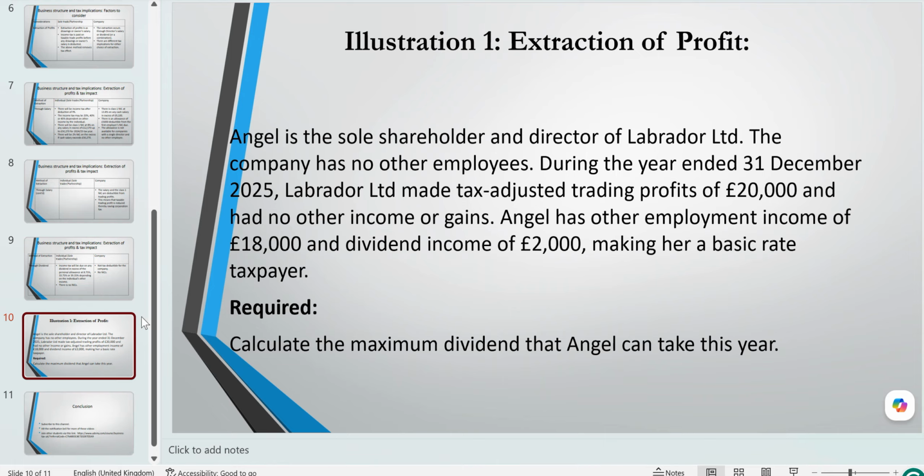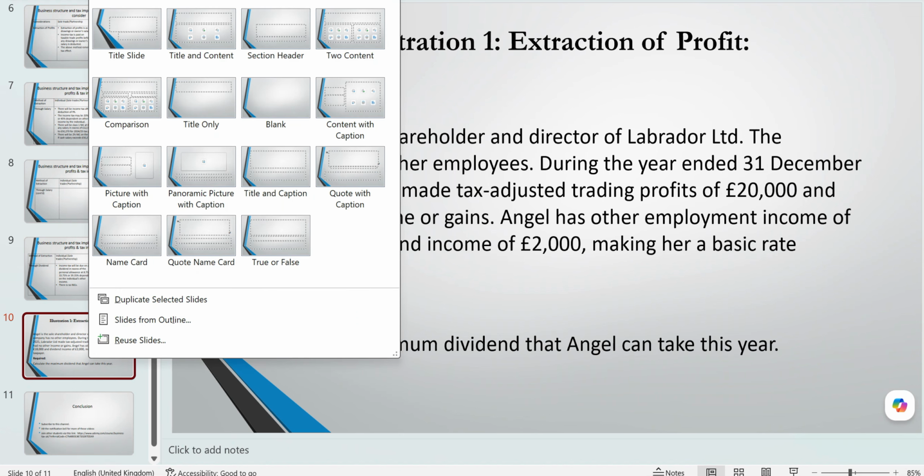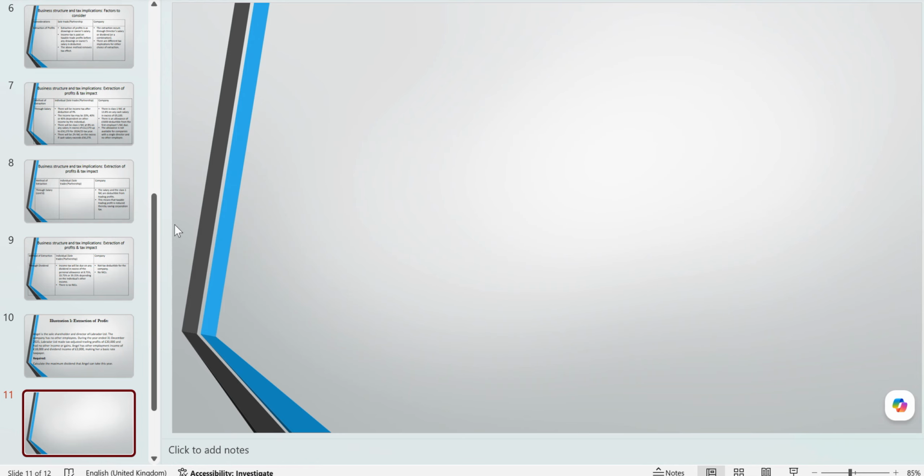Calculate the maximum dividend that Angel can take this year. So what I'm going to do is show you how she can extract this profit, the maximum dividend that she is entitled to take. So I will insert a blank document here, so that I can do the calculation there. So I'm doing this calculation so you see.